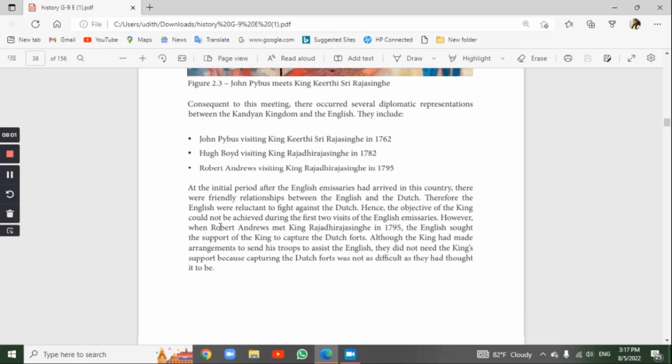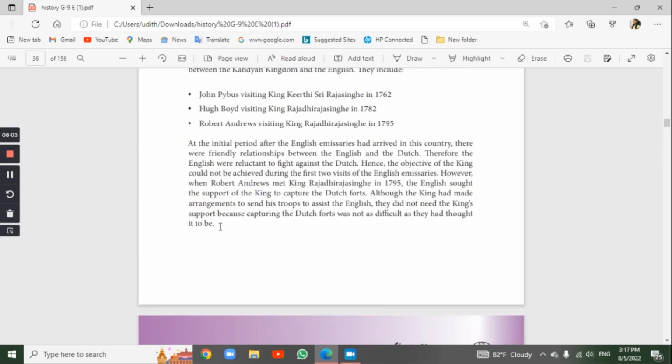At the initial period after the English emissaries arrived in the country, there was a friendly relationship between the English and the Dutch, so it was not easy for the English to fight against the Dutch. So the objective of the king could not be achieved during the first two visits. It means the king could not do anything against the Dutch through the visits of John Pybus and Hugboy.